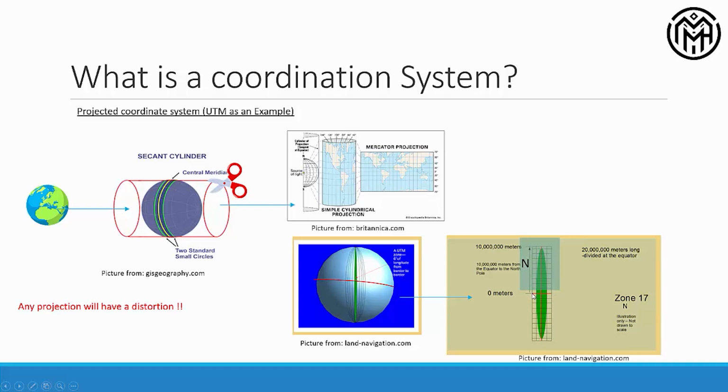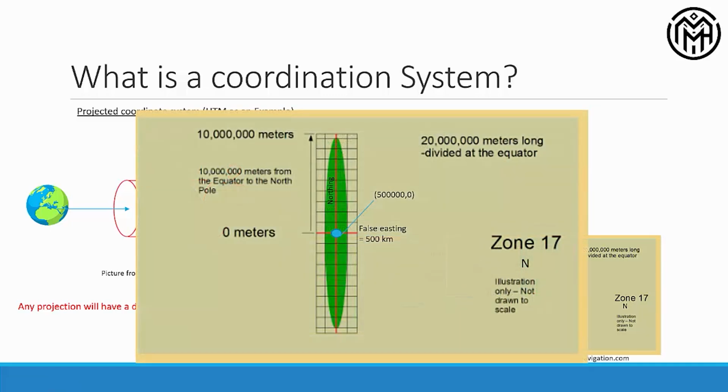Let me zoom in a little bit bigger so we can understand what exactly happens here and explain a new concept. So this is zone 17 north, so you have to forget about the lower part because I'm talking about this part only of the zone.